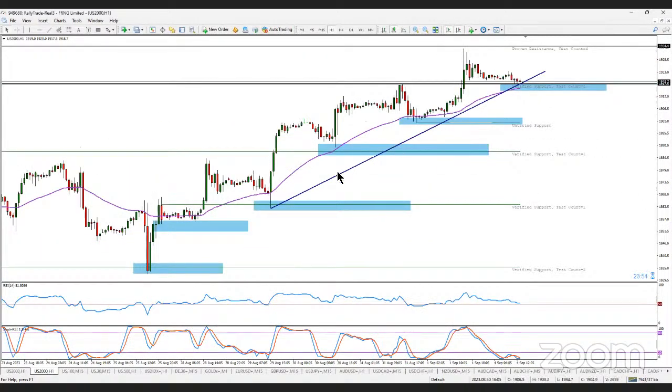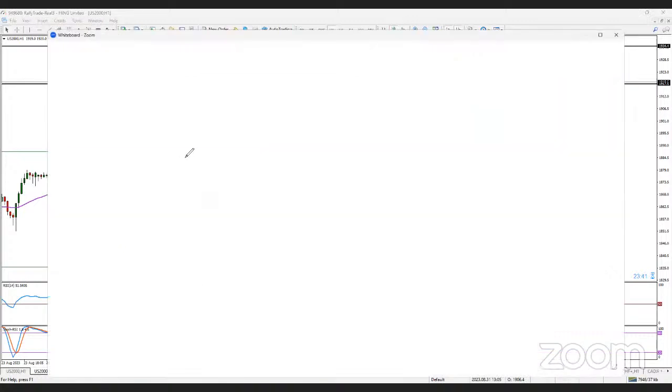Because the reason why we are saying that all these places are what they are is because it has formed what we call structure. What is structure? This is what I call structure. This is like a support.